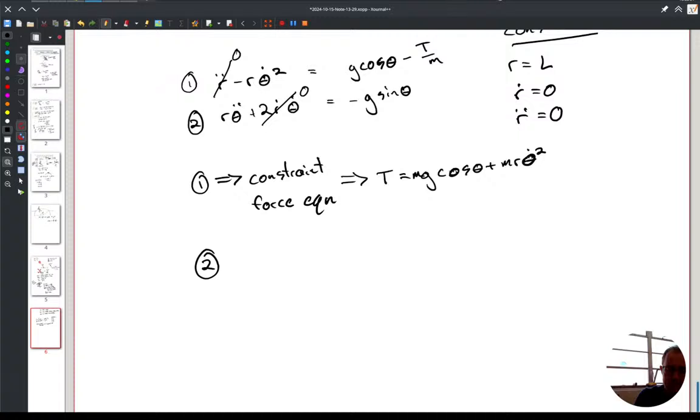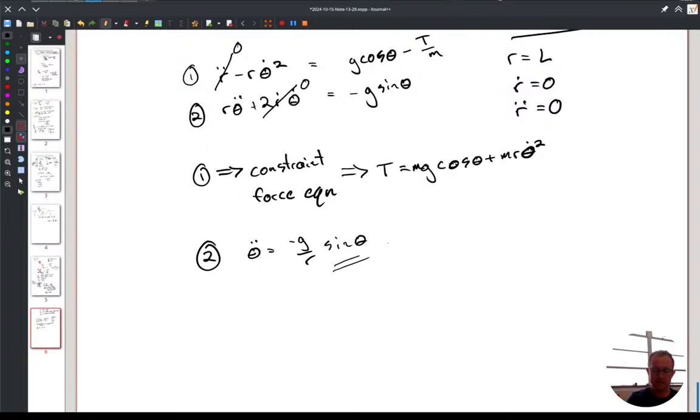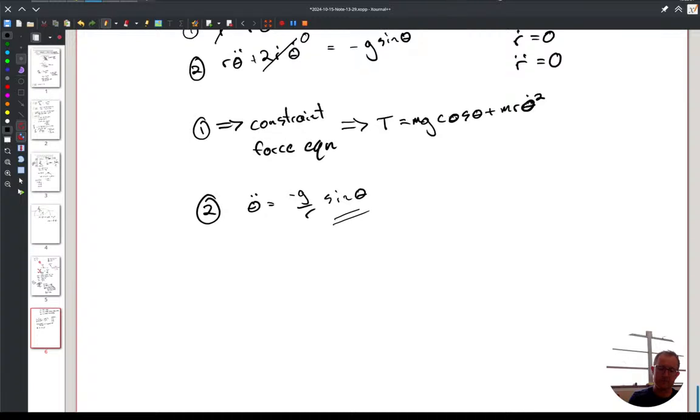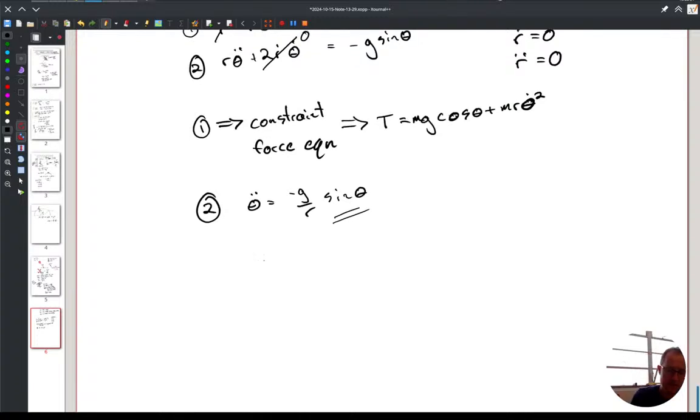Number 2, I can say theta double dot is negative G over R times sine of theta. That's a very solvable equation. In its current form, it's a little hard to solve because we have this nonlinear sine theta. As engineers, we love to linearize it.